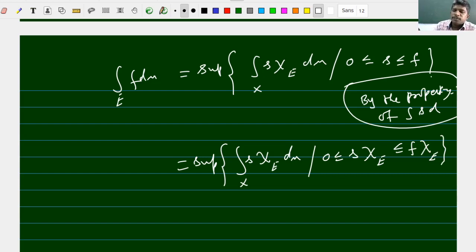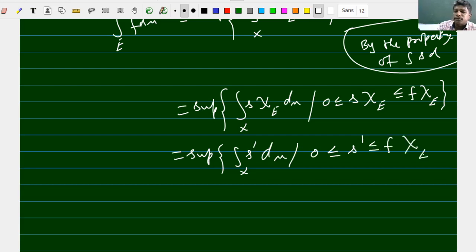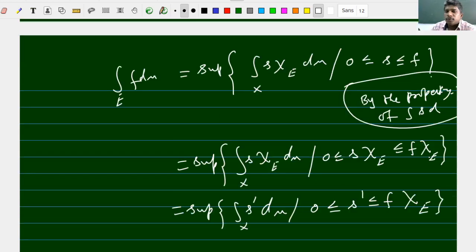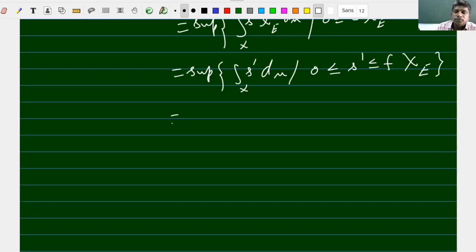In the place of s times the characteristic function you write s dash, which is equal to the supremum of the integral over X of s dash d mu, where 0 ≤ s dash ≤ f times the characteristic function of E. So this is equal to the integral over X of f times the characteristic function of E d mu.